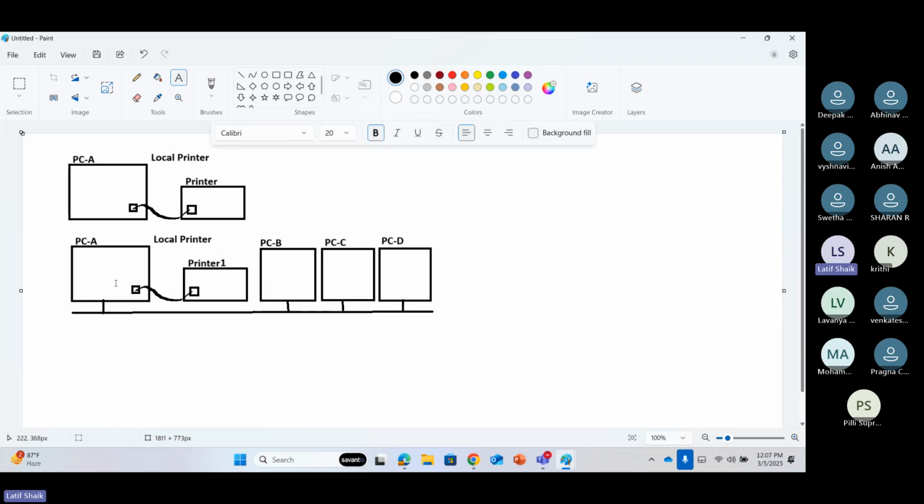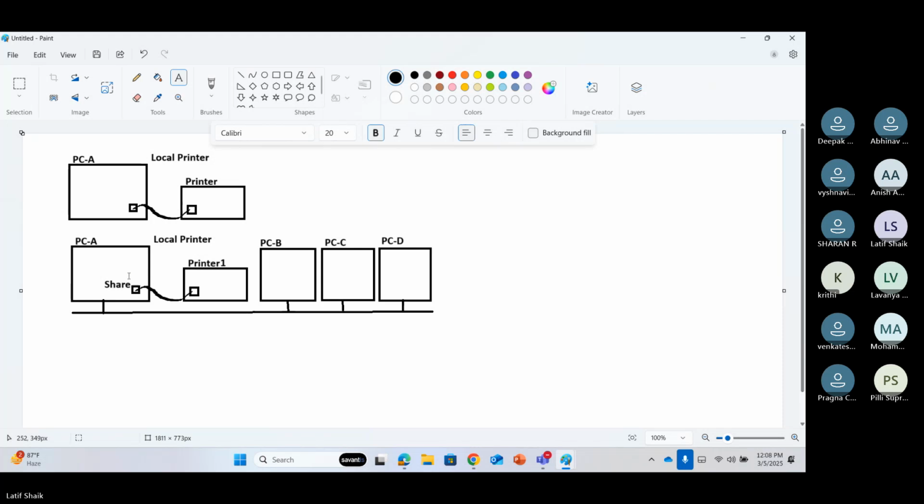In this case, I'm going to share my printer on PCA, and from PCB I will access the printer. How?